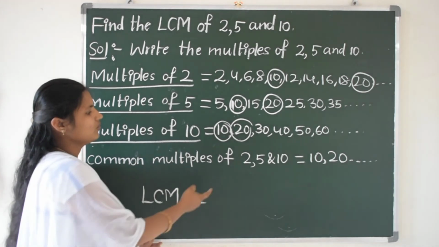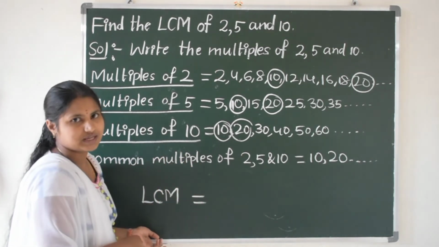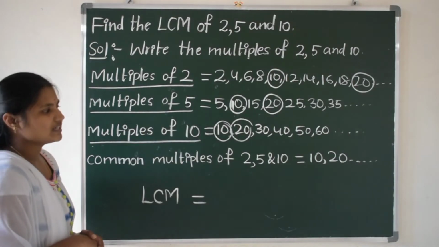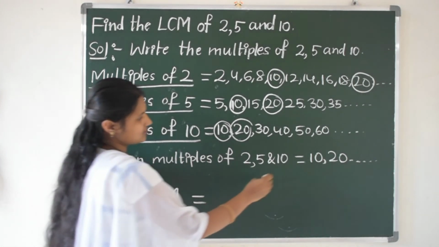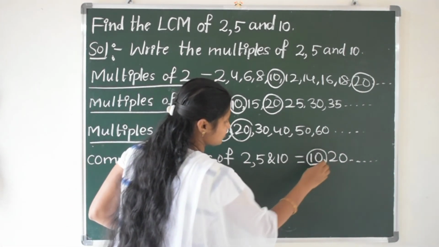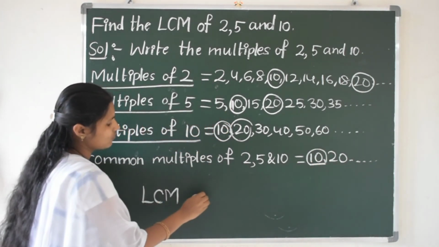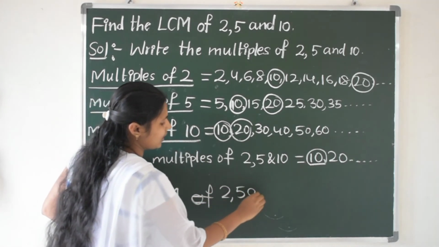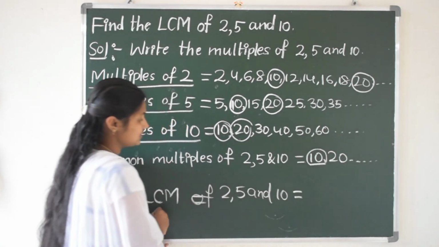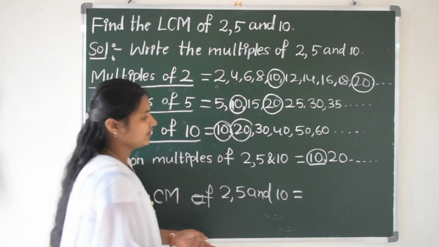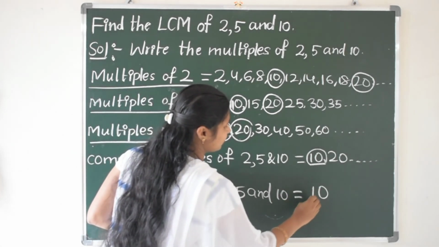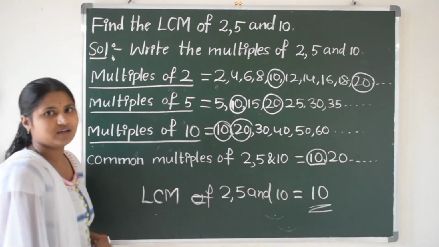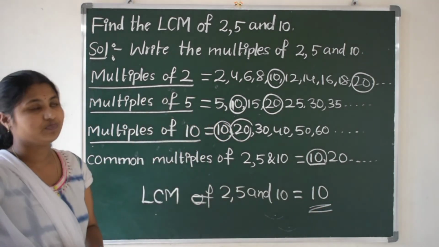Now in these common multiples, 10 and 20, what is the least common multiple? Yes, 10. This is the smallest number. So the LCM of the given numbers 2, 5 and 10 is 10 only. How to find the LCM?